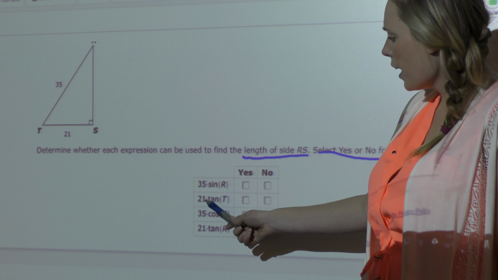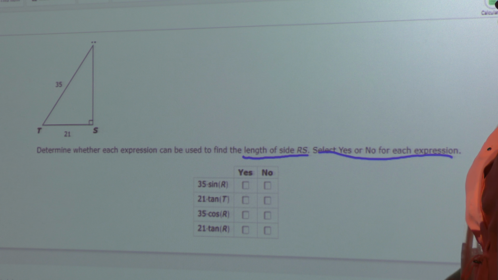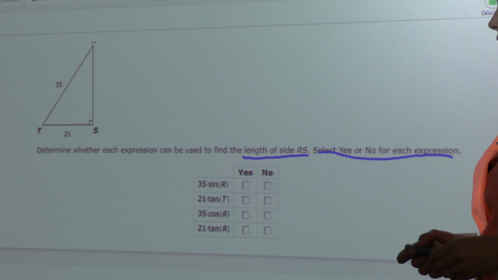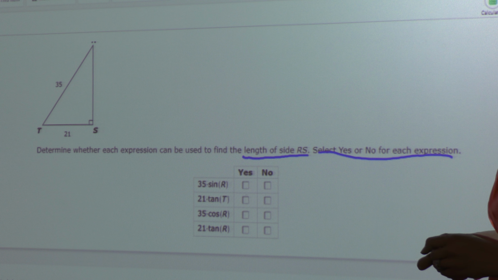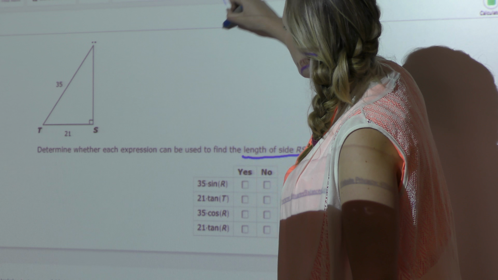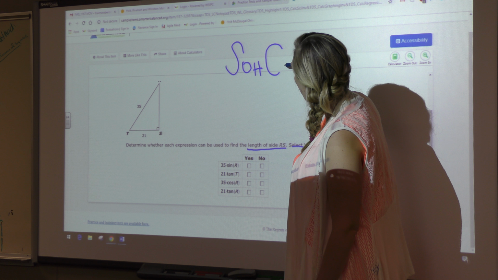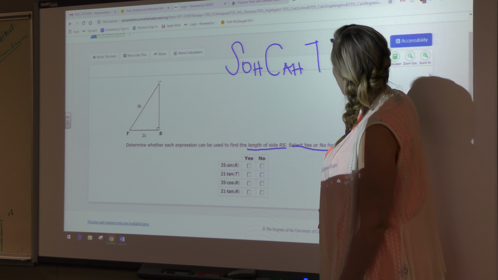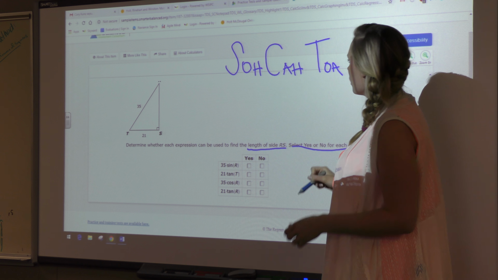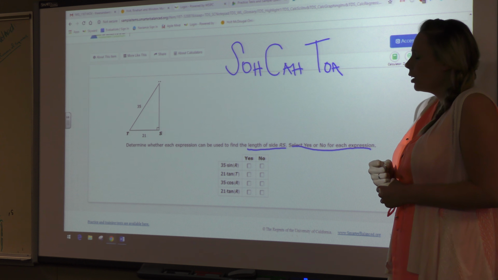Now, sine, tangent, cosine, tangent. To remember, what is sine, cosine, and tangent? Well, I remember something like this. SOHCAHTOA. I remember my teacher telling me that, but what is SOHCAHTOA?